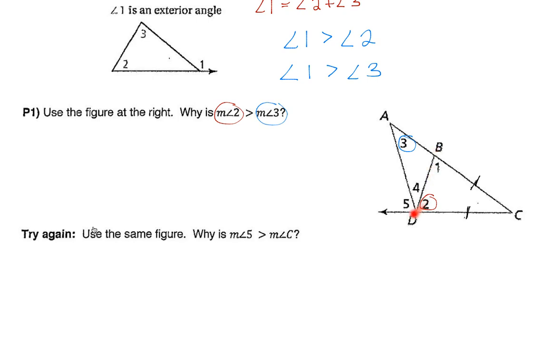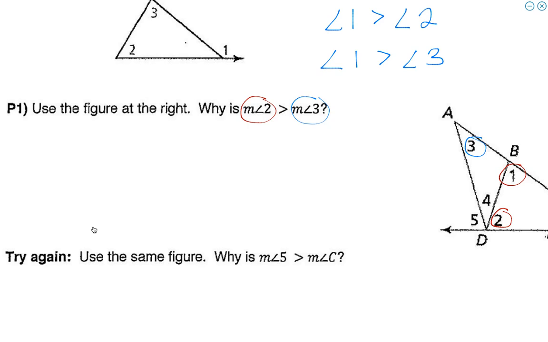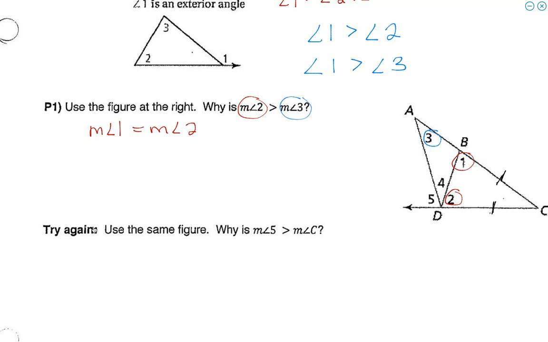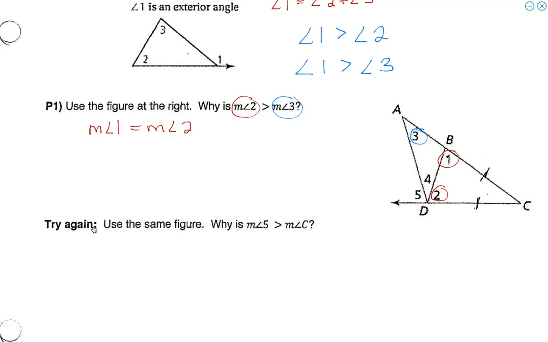So this triangle is an isosceles triangle, which means that angle 1 and angle 2 are congruent. So we can write this out: measure of angle 1 equals the measure of angle 2. They're base angles. So that's the isosceles triangle theorem.